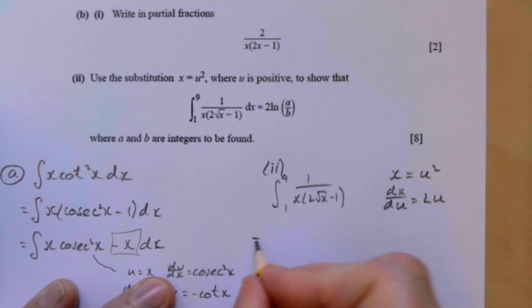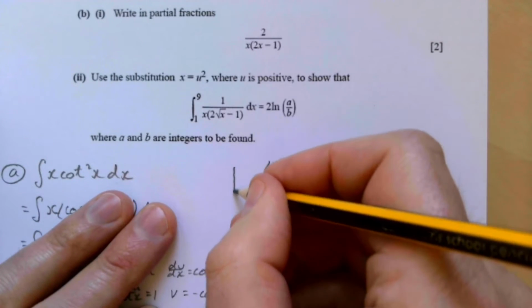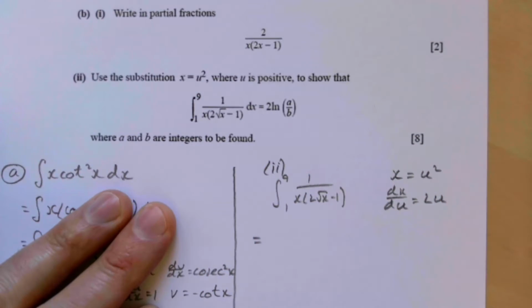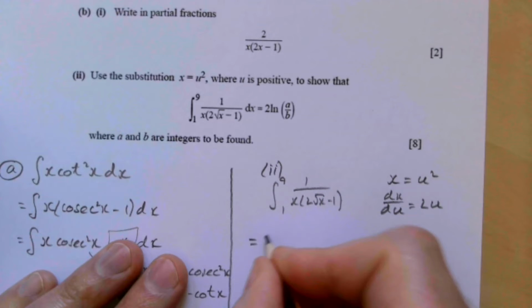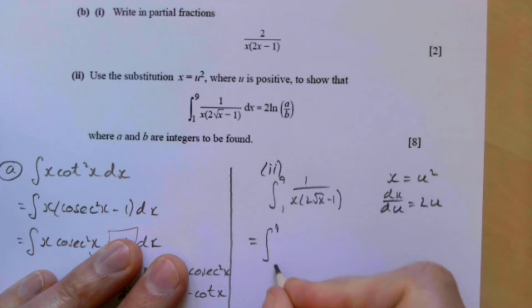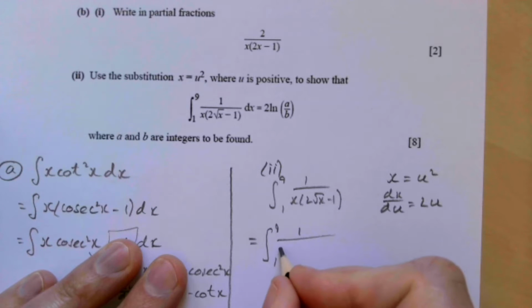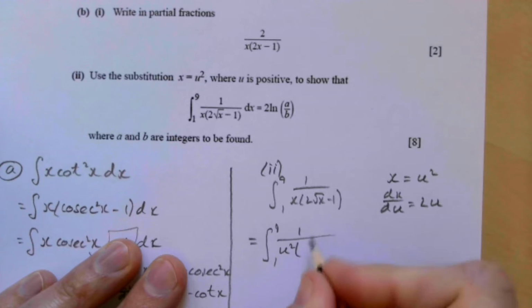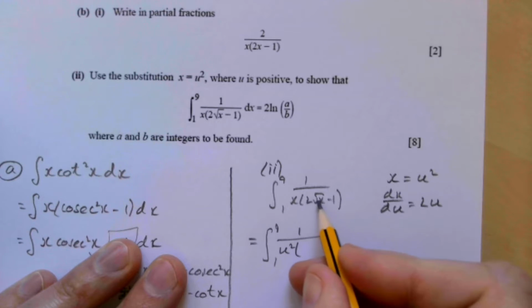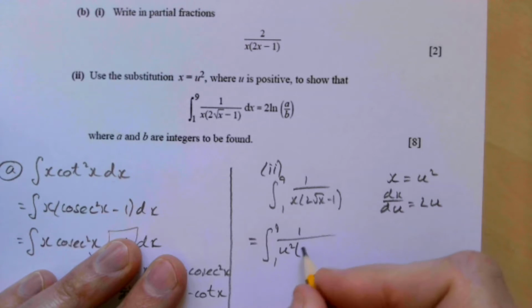So let's see what we can do here. So I would rewrite this. Let's just do a wee line down here, try and keep these very separate. Integral between 9 and 1 of 1 over u squared. What are we going to have here? 2 upon, that's the square root of x. The square root of x is of course just u. So it's going to be 2u minus 1.